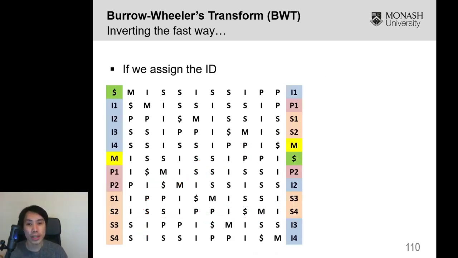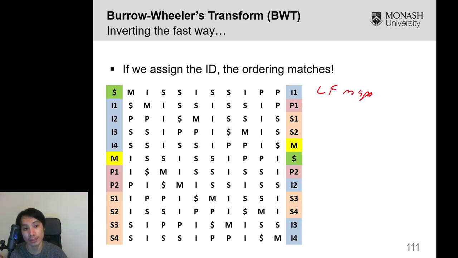So if I put a number on them, first I, second I, third I, fourth I, there's only one M, first P, second P, first S, second S, you're going to get such a pattern. And it is such an observation which will allow you to do an approach which we call LF mapping.